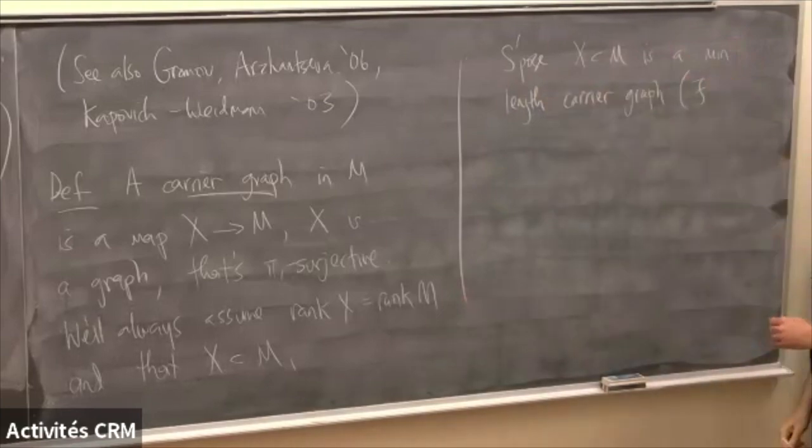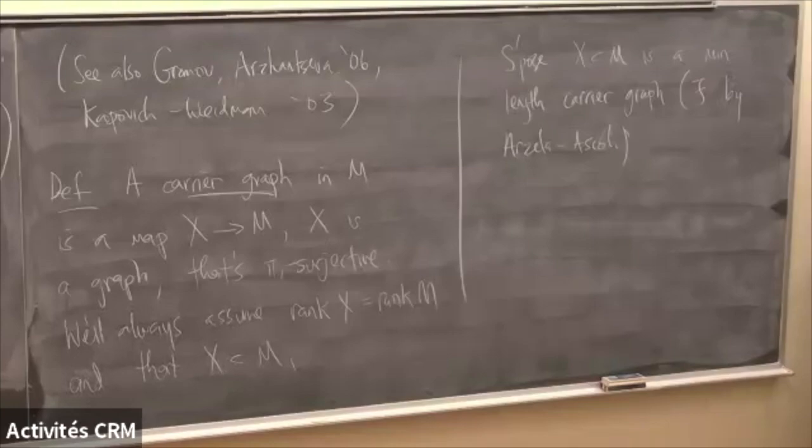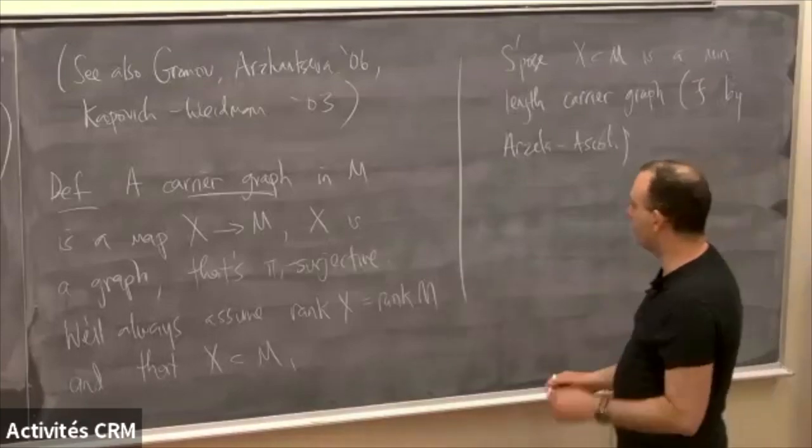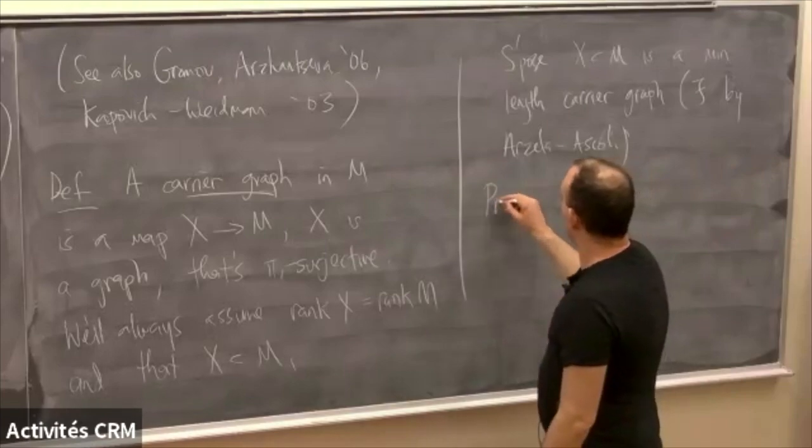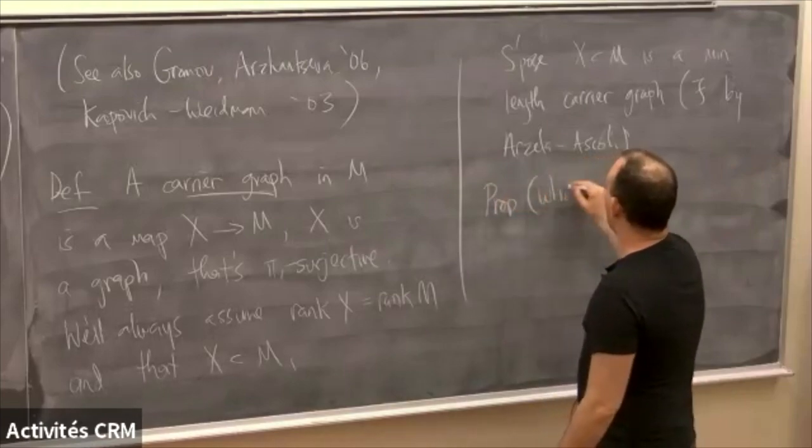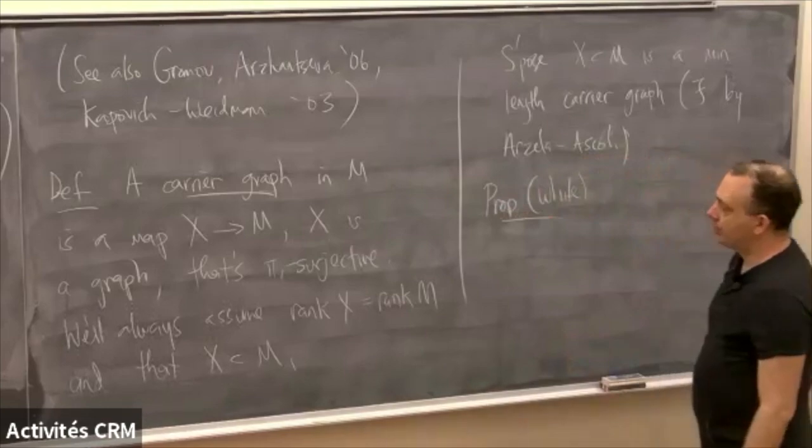A minimal length carrier graph always exists; it's just an Arzela-Ascoli argument. The starting point for all of this is that minimal length carrier graphs have really nice geometry. So here's the first proposition to that effect, which comes from White's paper.